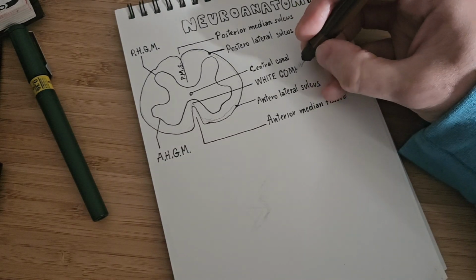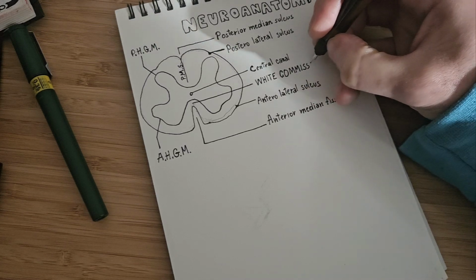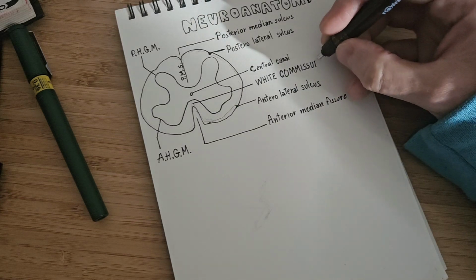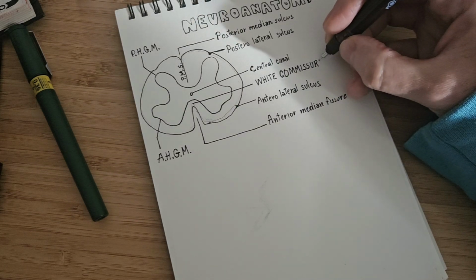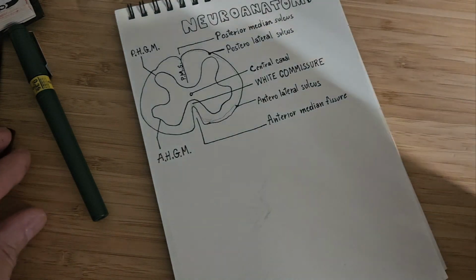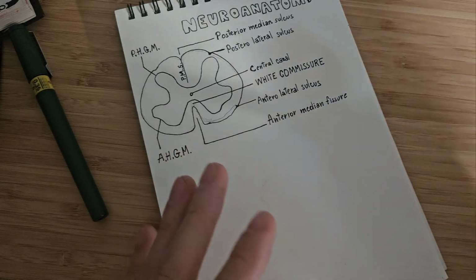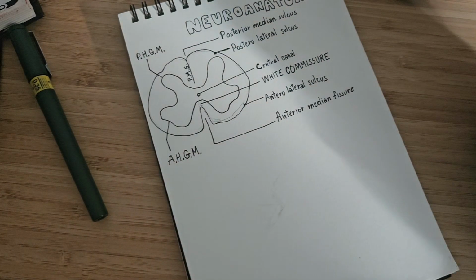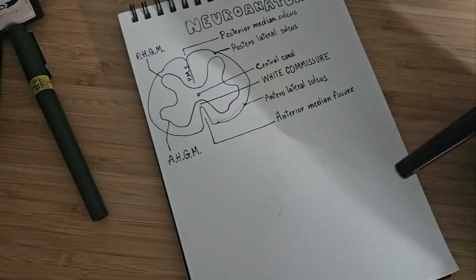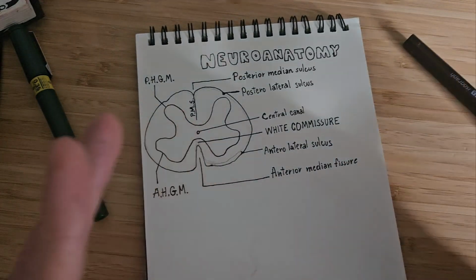Okay, let me finish this. White commissure. Well, I have here these longitudinal grooves, okay, along the whole length of the spinal cord. And once you memorize this, you're going to notice that it will be easy to figure out the other parts of this structure.